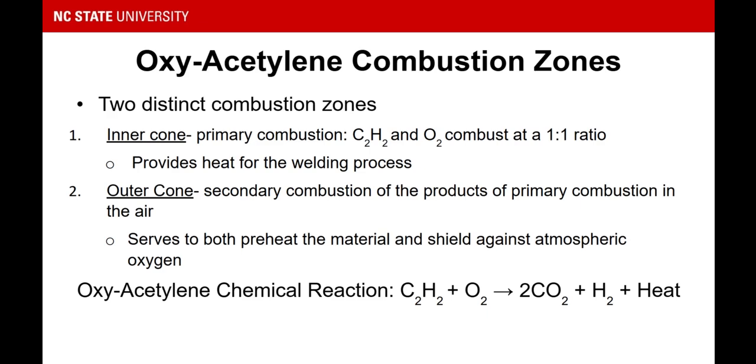Whatever acetylene has not been consumed with the oxygen that is provided will then interact with atmospheric oxygen, and that's where that second combustion occurs. The outer cone does not provide a whole lot of heat. Obviously, don't stick your hand in it because it will burn you. It's still hot. But that outer cone basically creates an umbrella effect around the inner cone, which shields the welding area from contaminants in the atmosphere.